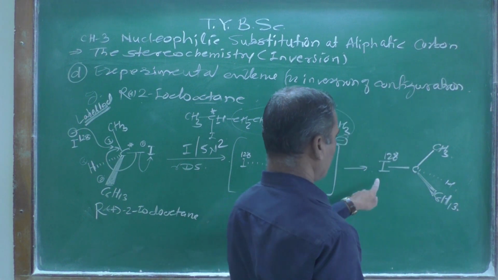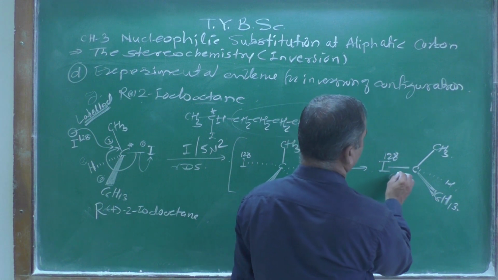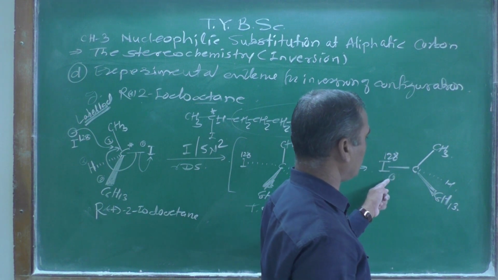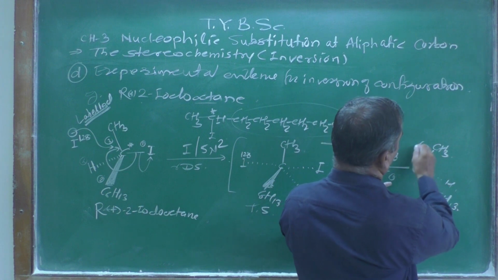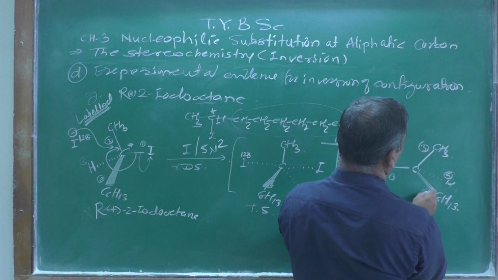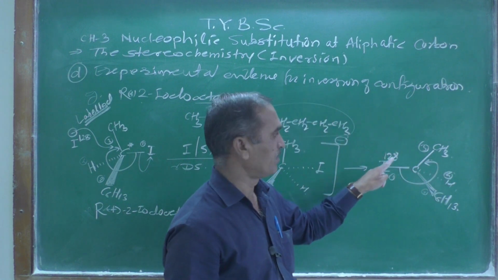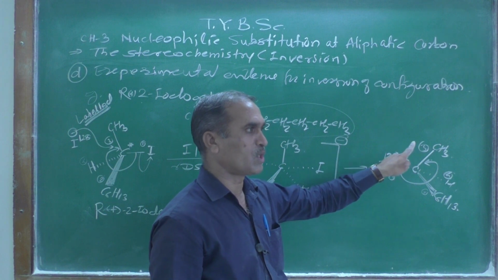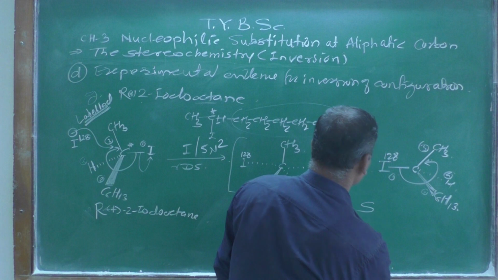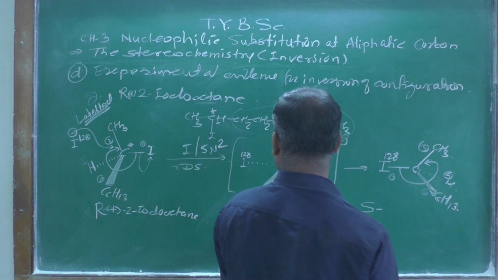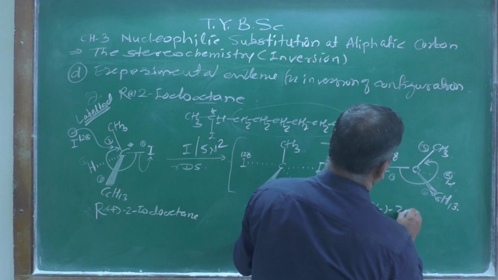If you see its configuration again, the priority number 1, this is the second one, third one, and fourth one, 1, 2, 3. So what do you see over here? This is an anti-clockwise rotation, and therefore it has S configuration, and S configuration there is a minus 2-iodo-octane.